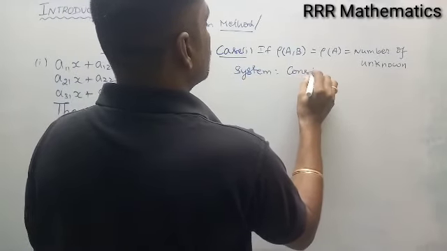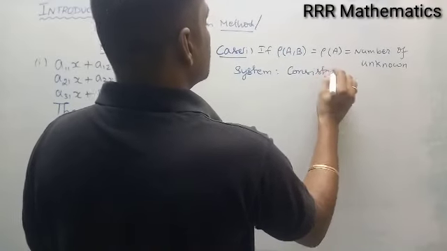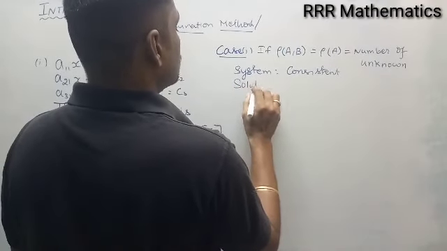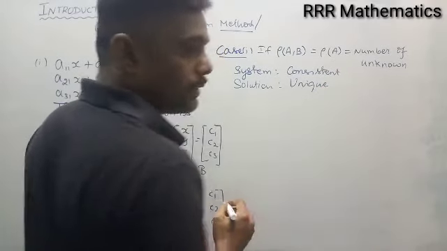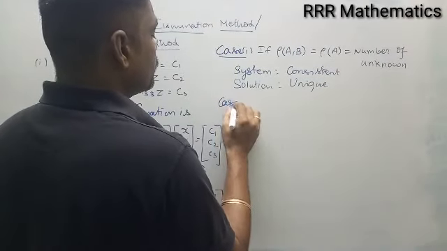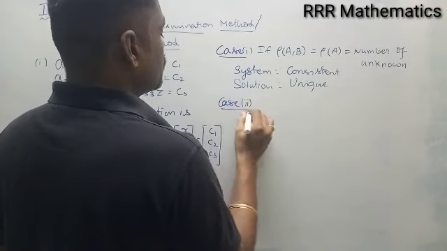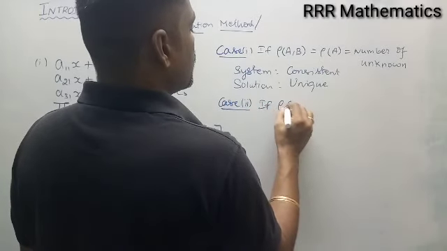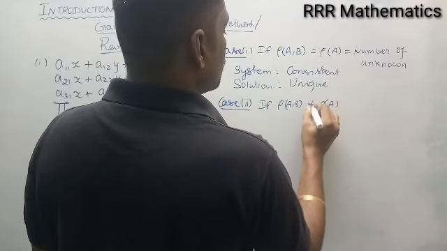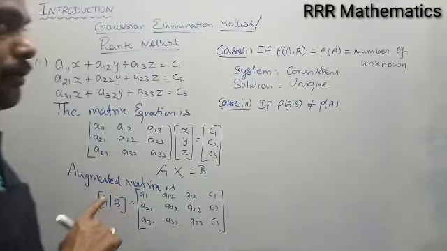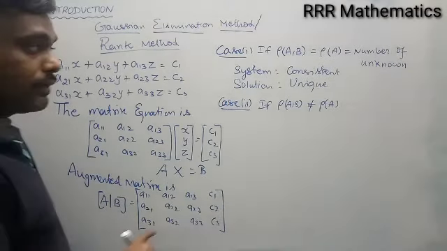The system is consistent, the solution is unique. Got it? Case 2. Rank of (A, B) and rank of A are not equal.